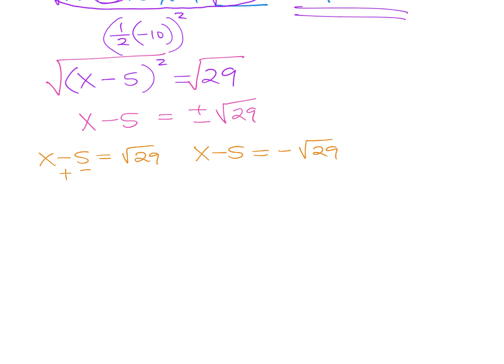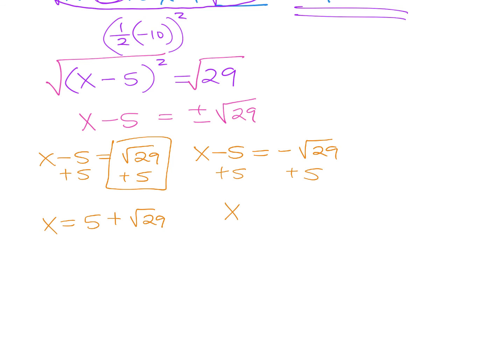And solve it. So if I add 5 and I add 5, here's the deal. The format that you want to do this in, you always put the radical at the end. So this is going to be x equals 5 plus the square root of 29.